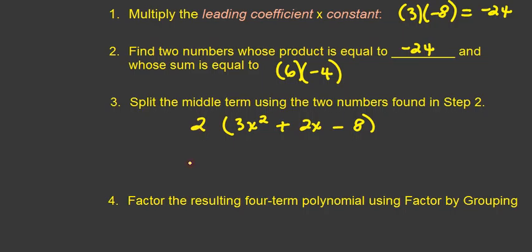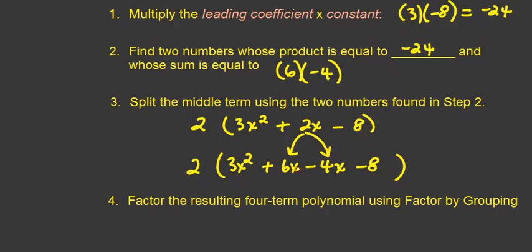So we have 2 times, and then the trinomial now will look like this: 3x squared plus 6x minus 4x minus 8. Again, what we just did was took the middle term, the 2x, and we broke it down so that it looks like 6x minus 4x, using those two numbers we found up in step 2.